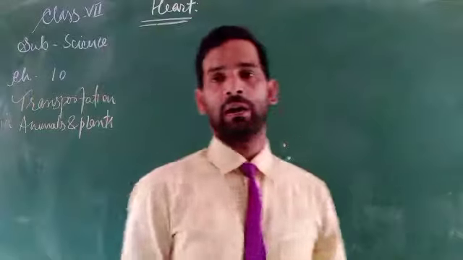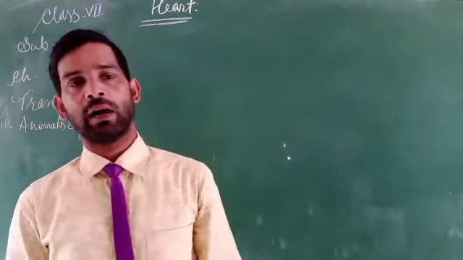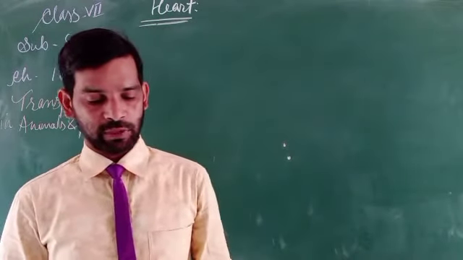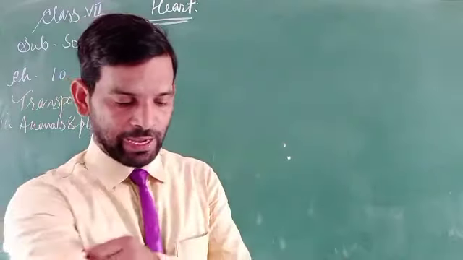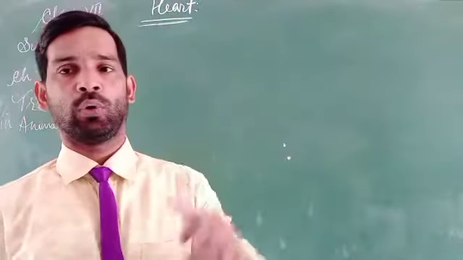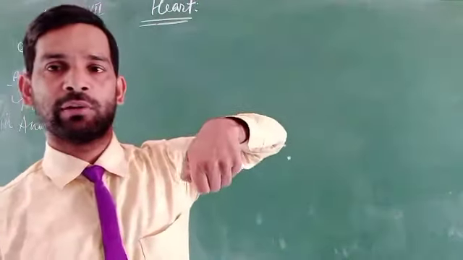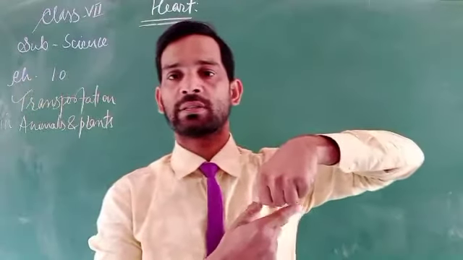So I have explained the heart. The heart is an organ that pumps the blood to all parts of our body. It is conical and highly muscular. If we talk about our fist, the closed fist resembles the structure of a heart.